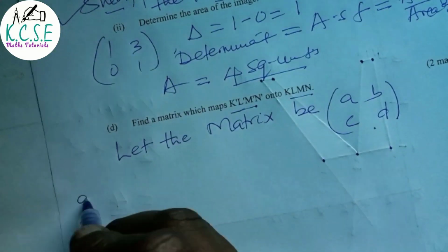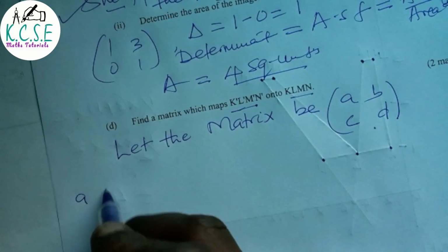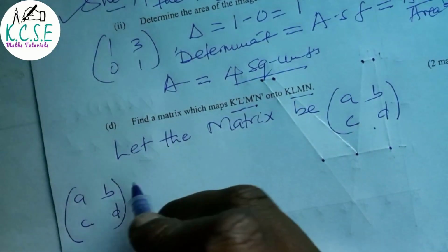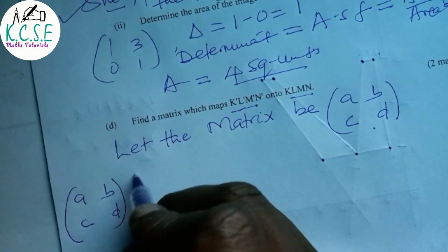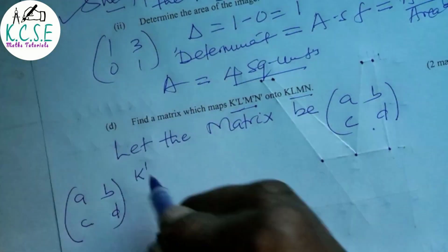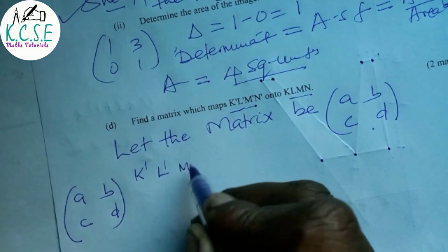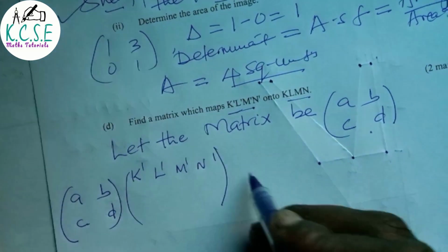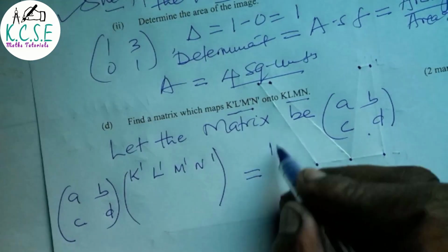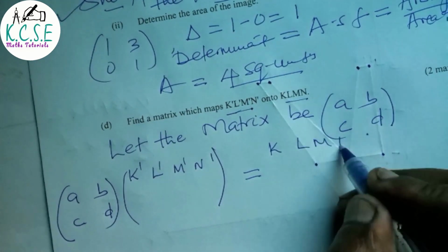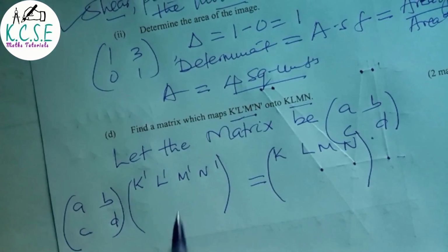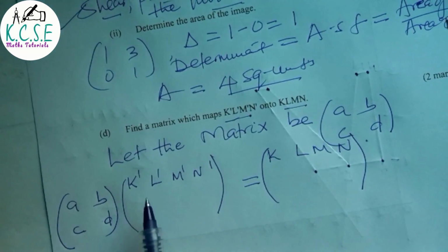You take that matrix A, B, C, D, then you have this, which is K prime, L prime, M prime, N prime. Then this will be mapped back to the object K, L, M, N, like that. So you've already got these. We already got these somewhere.